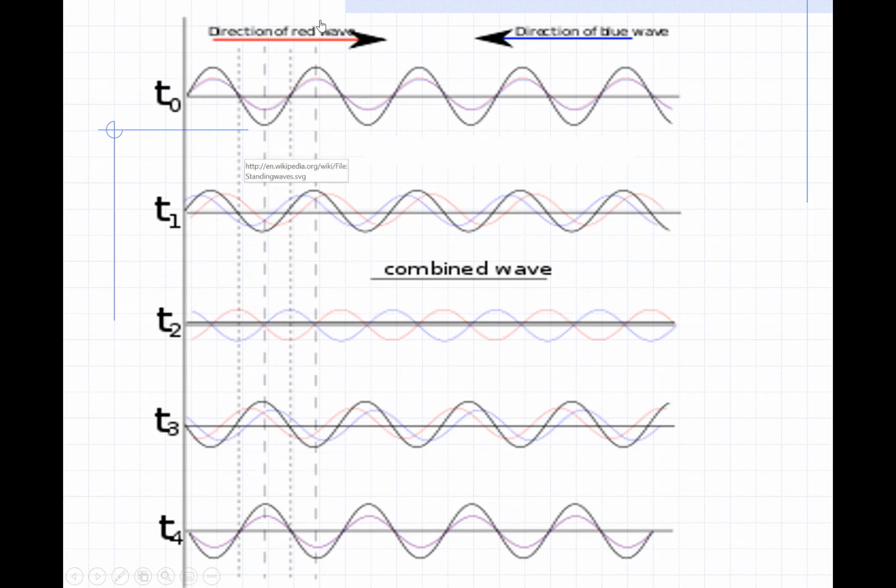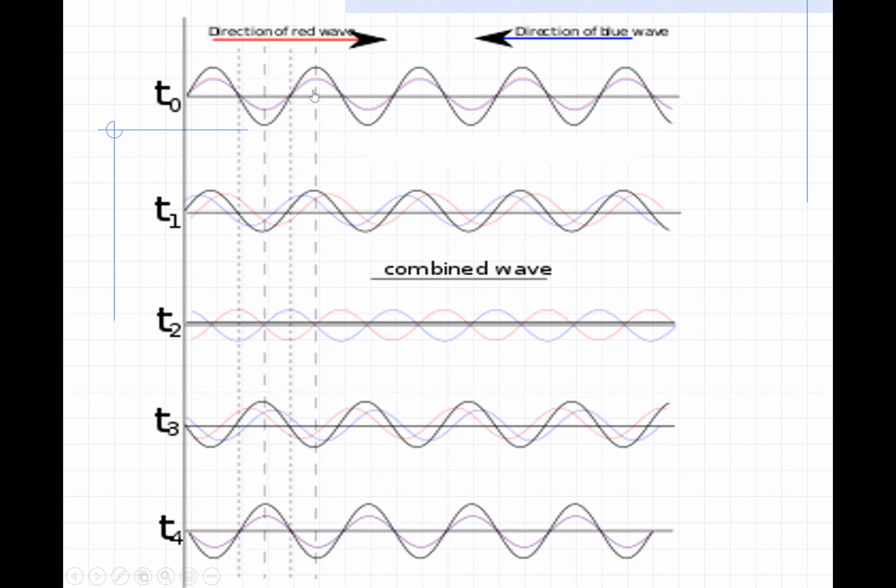We have a right-moving red wave and a left-moving blue wave. When they're exactly aligned on top of each other, we would say in phase, when their crests are aligned and their troughs are aligned, we get constructive interference everywhere. So we get a very large wave shape.